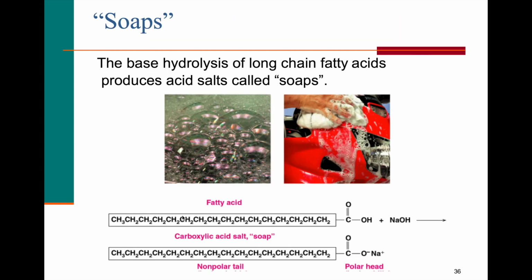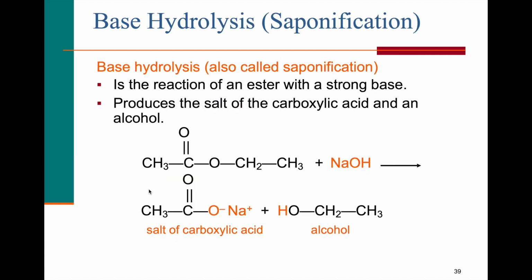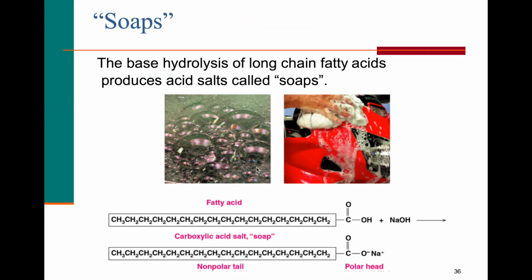So essentially, when we look at soaps, we wouldn't be looking at such short esters as this one. We'll be looking at a longer one such as this here, and they're called fatty acids. And when they react with a strong base, they form the salt of that carboxylic acid. And the salt that is produced is what the soap will be.